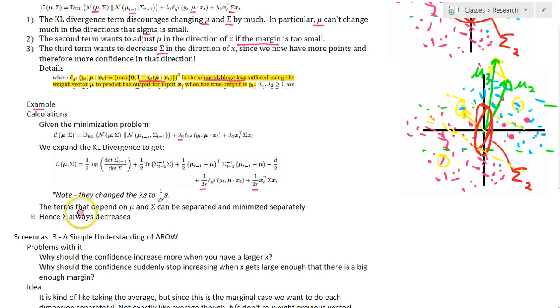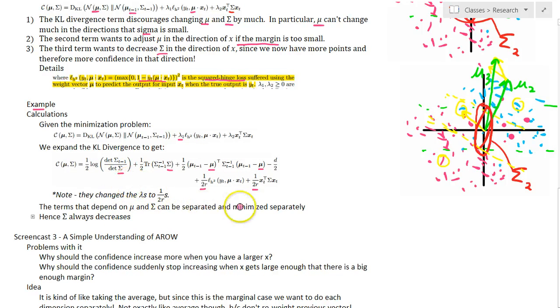But let's move on. And as you can see, some of the terms depend on sigma, right? And some of the terms just depend on mu. This is mu t minus 1 and sigma t minus 1, so those are fixed. We're not minimizing with respect to those. So some of the terms just depend on mu, some just on sigma, and so we can separate and minimize them separately.